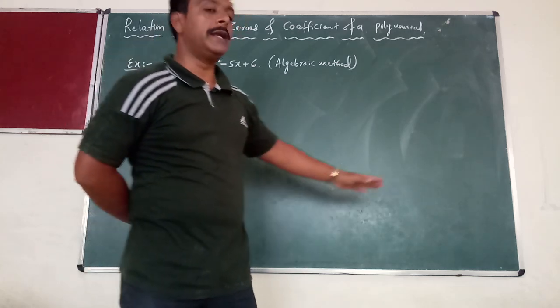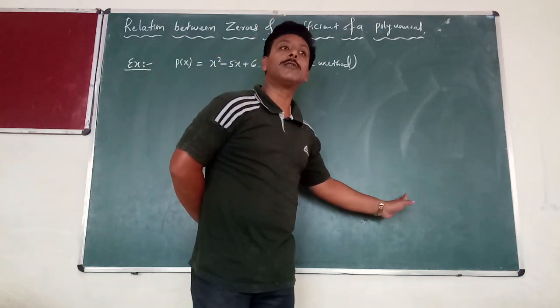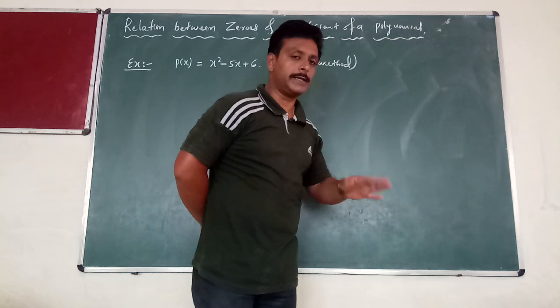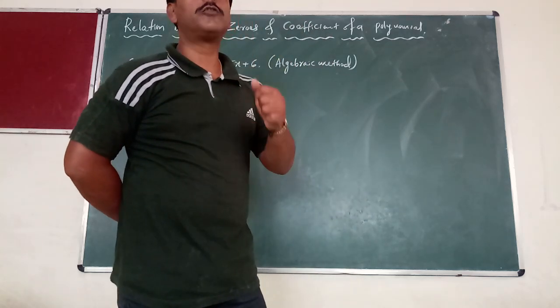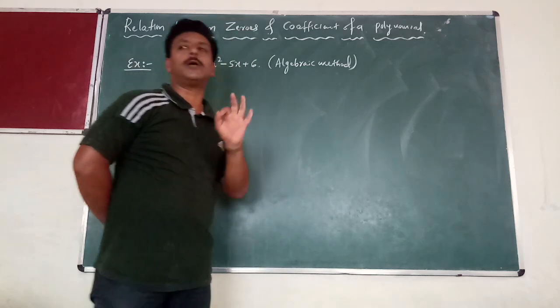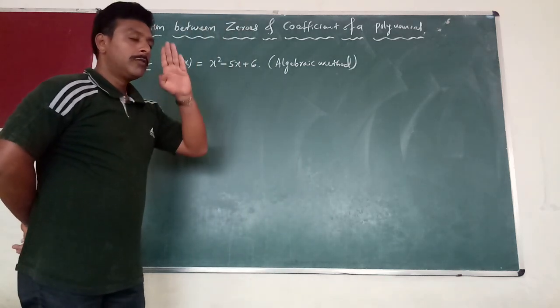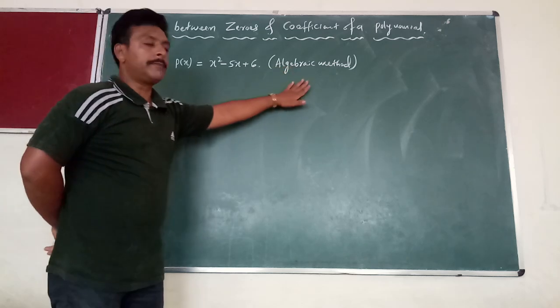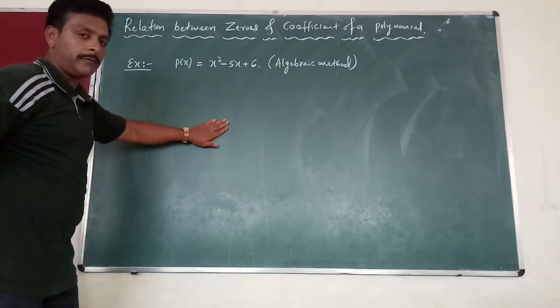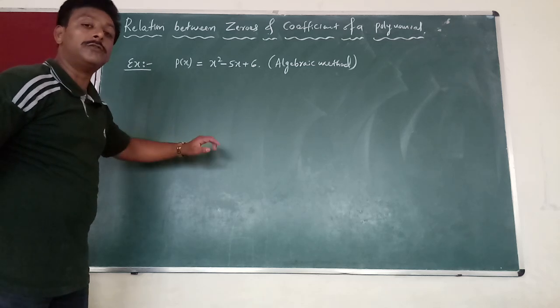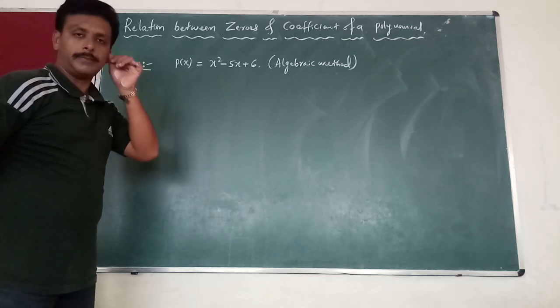Just now already we did here corner for calculation of zeros for graphical method. That itself is the algebraic method, means trinomial method or splitting the middle term itself is called the algebraic method. So by algebraic method we are going to solve it. When we solve it, finally we will get the zeros of a particular polynomial.